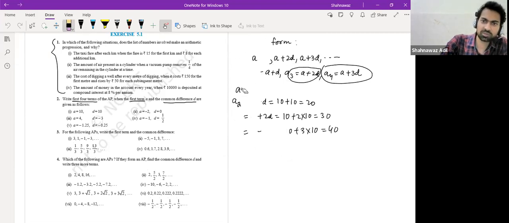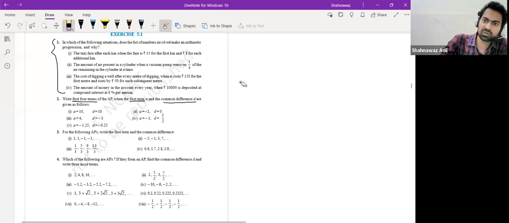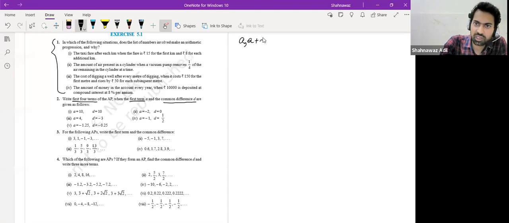This chapter is very easy. This chapter is the easiest one, right? We have only three things to remember. One is the general form of this. This is the general form that we have to remember.